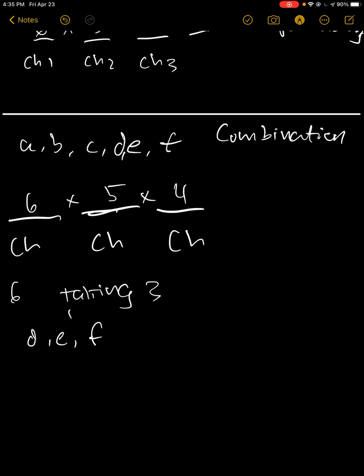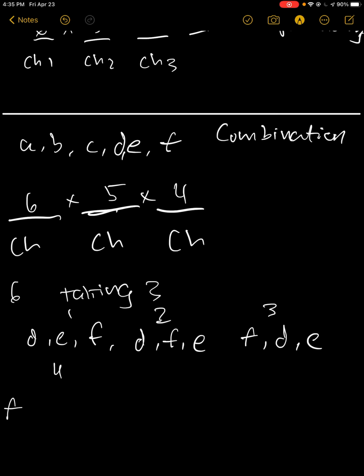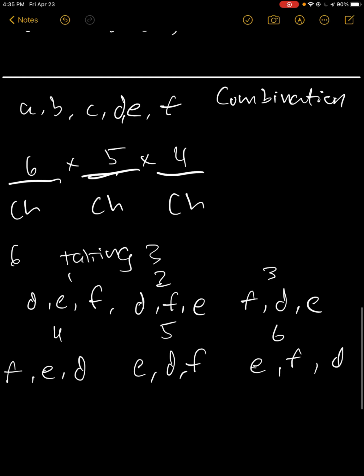Here's 1. 2 would be D, F, E. 3 would be F, D, E. 4 would be F, E, D. 5 would be E, D, F. 6 would be E, F, D. So there, just like before, we have 6 ways to write this out, right? We have 6 ways to rearrange D, E, F.